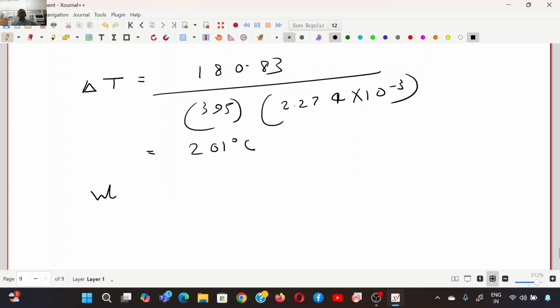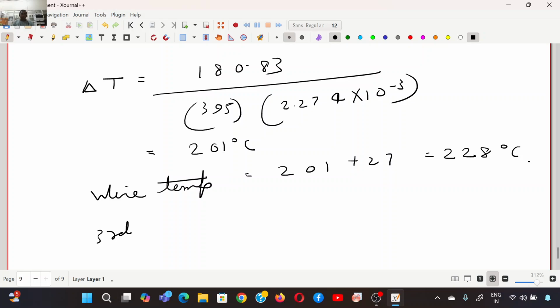Therefore, wire temperature is equal to 201 plus 27, 228 degrees Celsius. Last time we got 230, this time we got 228. So like that you can do the third trial, fourth trial, and you will see that it converges to almost 230, 228, 229 degrees. Okay, so do it in your free time.